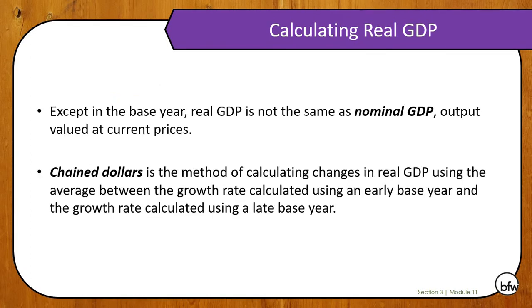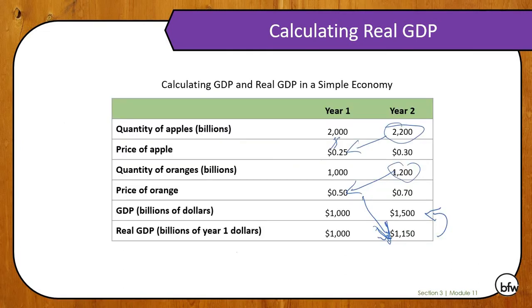Except in the base year, real GDP is not the same as nominal GDP, which is the output valued at current prices. You don't really need to know what chain dollars is. That's just a governmental term used to calculate the growth rate. So notice right here, if we go back to the previous slide, real and nominal for the base year, year 1, were the exact same.